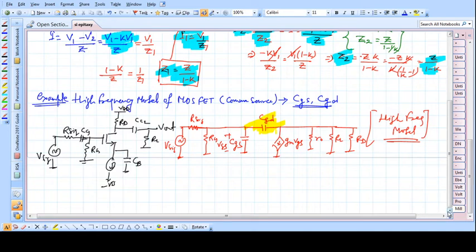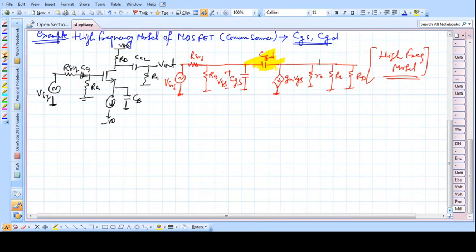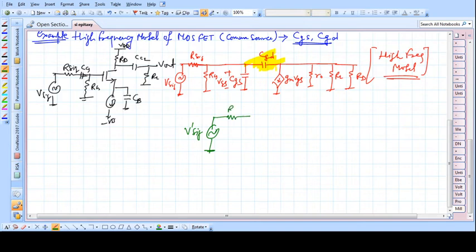For simplification, I am replacing V signal by using the Thevenin theorem, removing this voltage and all these things, with some V signal dash and R signal dash, and this is our CGS.